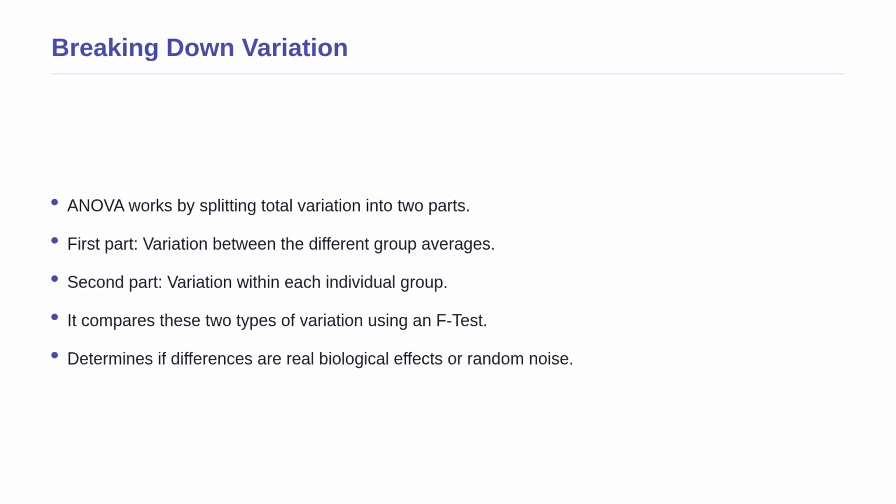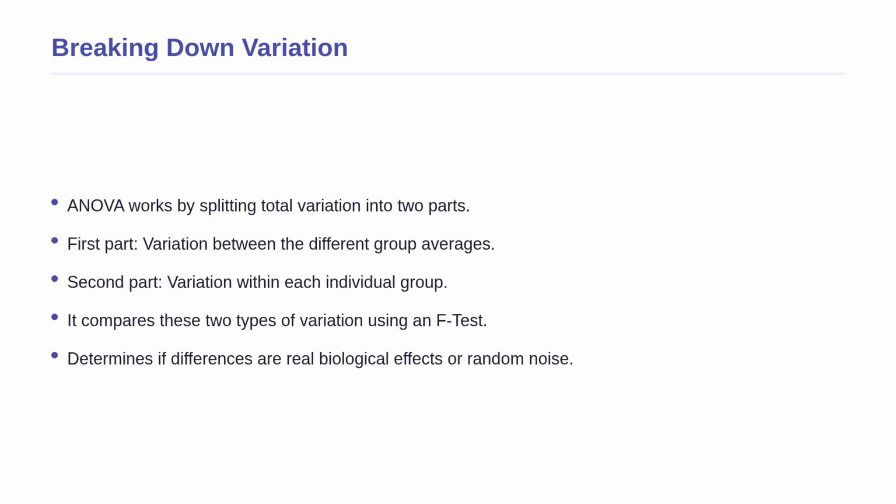Before we look at the math, let us understand the clever logic behind how ANOVA actually works. It does its job by breaking down the total variation in your data into 2 distinct parts. The first part is the variation between the different groups, how much the group averages differ from each other.